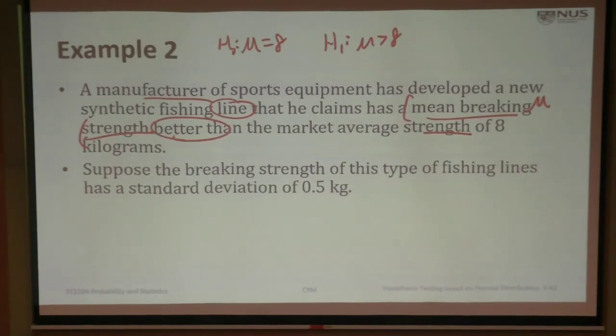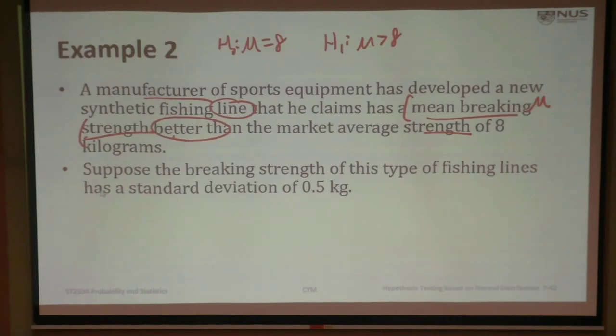But now the manufacturer claimed the fishing line strength is bigger than 8. I have some doubt over it because the status quo is 8. So I want to find out whether his claim is valid or not. That's why I put mu bigger than 8 as the alternative, and try to look for evidence to reject my null hypothesis mu equal to 8.